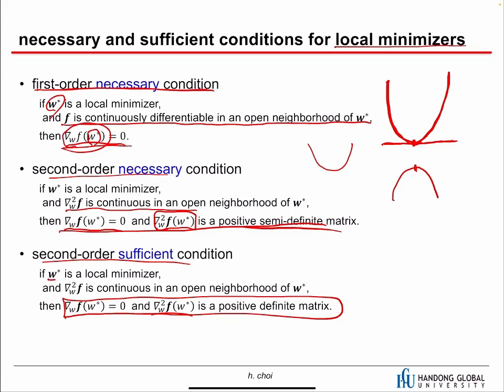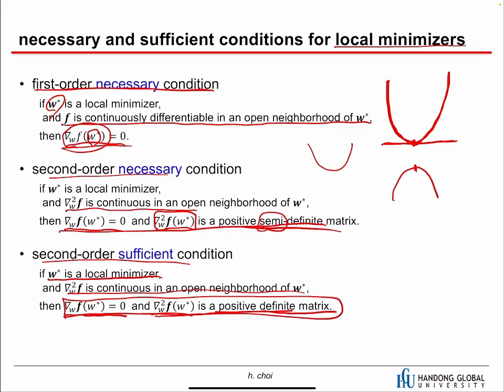It says that if F is continuous in an open neighborhood, the first derivative is 0 and the second derivative is positive definite. Look at this one. It was positive semi-definite before, and now it is positive definite. So it is definitely a local minimum.